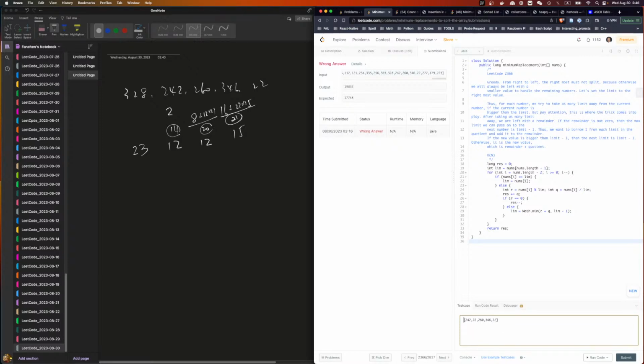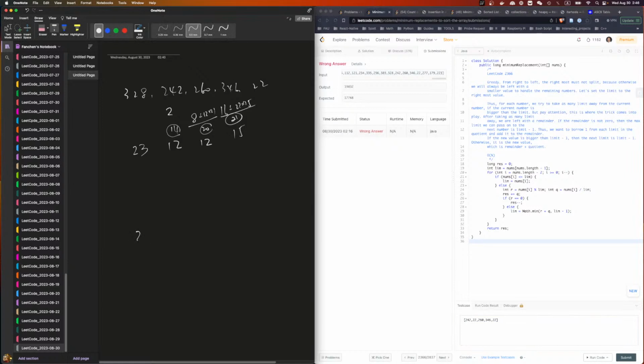It's a good practice. Like this one, I got it wrong too. So it's a different one from this, but we got it wrong too. 242, 22, 260, 346, and 22. We know these are correct. 12, 15. Right? This one we get 21.